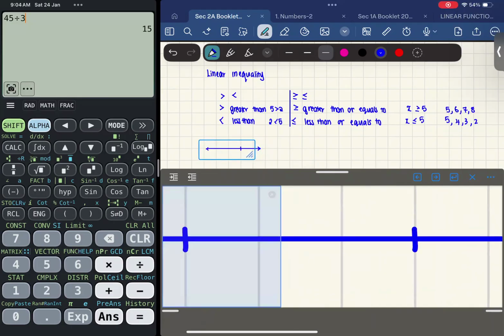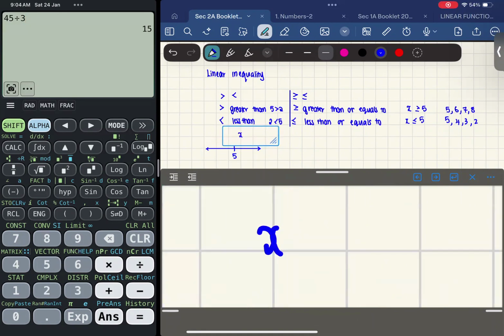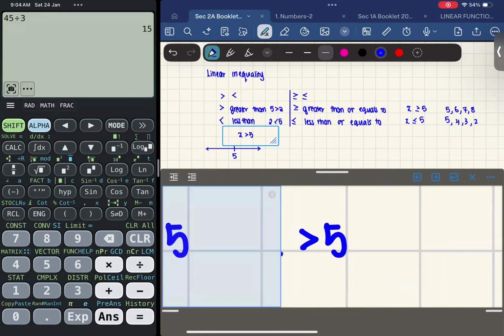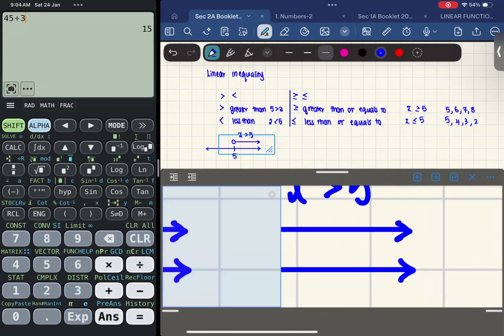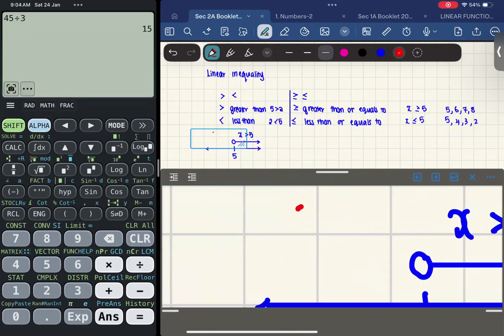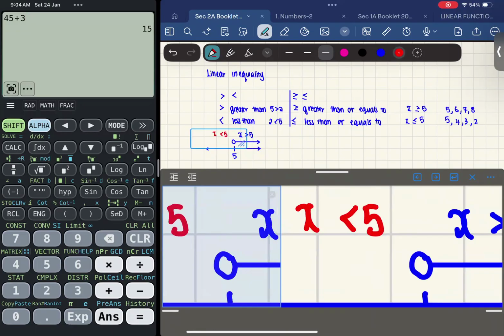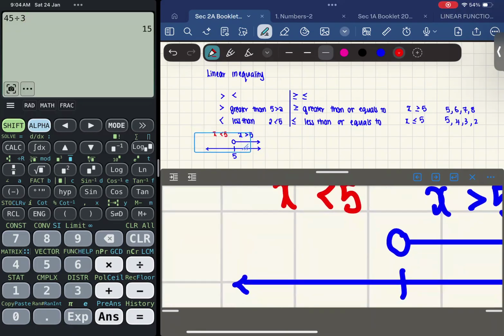Here's 5. Remember how we know where the arrow points? For example, if I say x is more than 5, it's an empty circle pointing to the right. If x is less than 5, empty circle, arrow pointing to the left. Follow the sign.